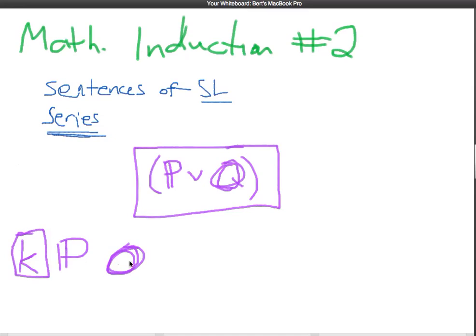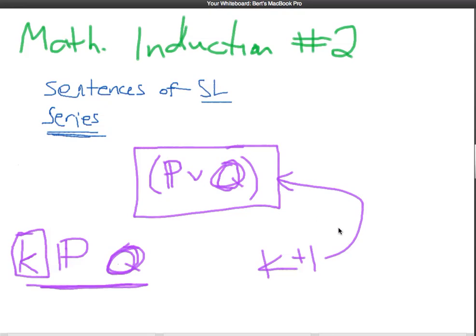And now we're going to say, given that these are at the K stage, I'm going to assume that they have an even number of parentheses, right? So that'll be my inductive hypothesis. And then I'm going to say K plus 1, which is this sentence up here, I'm going to show that this also has that property of having an even number of parentheses, which in fact it actually does.